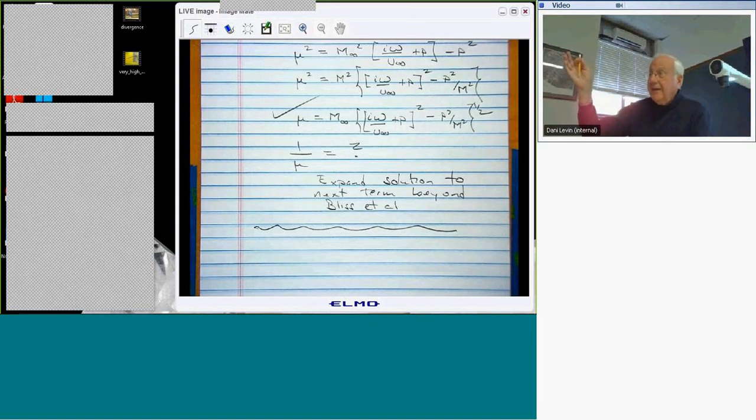It blows up as Mach number goes to 1. It may not go to infinity if omega is not 0, but it gives you a bad answer, as it turns out. But if omega is strictly 0, it just blows up. It just goes to infinity. And then, on the other hand, the good news is if omega or Mach number are very large, you get piston theory, which is a pretty simple theory.